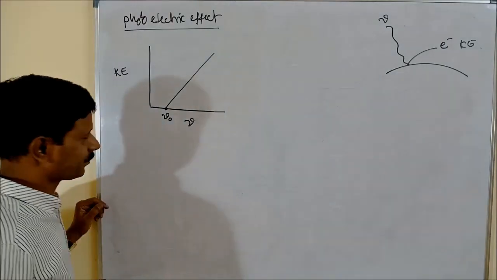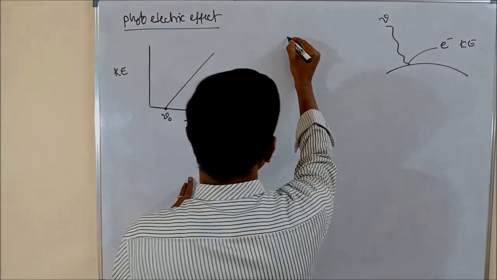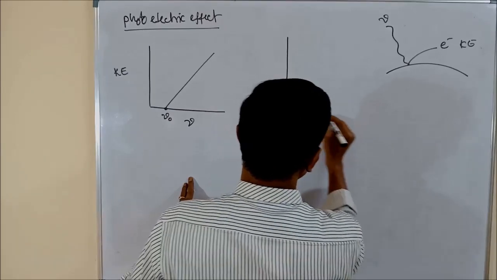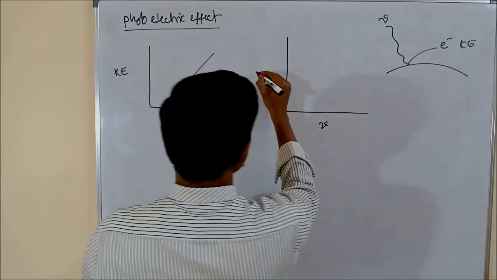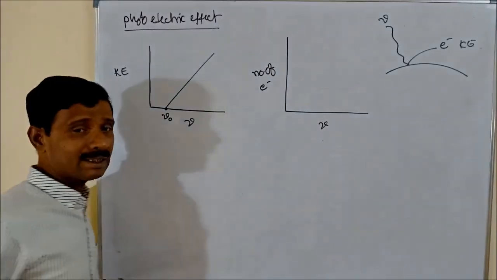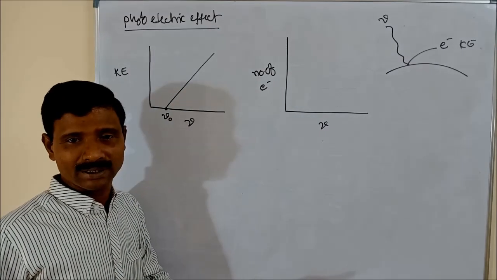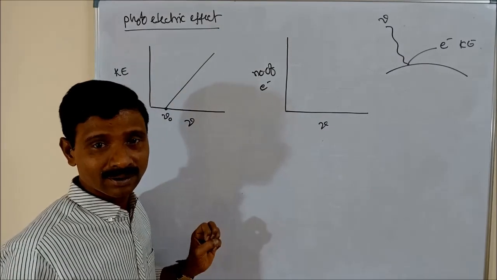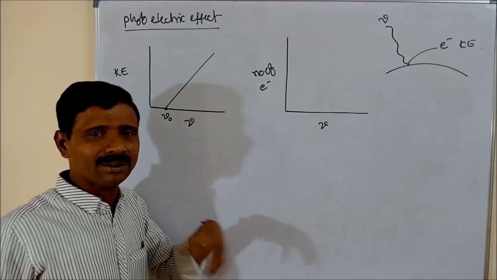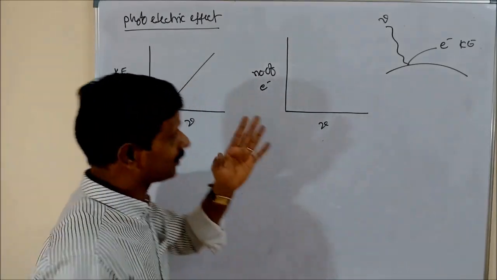And similarly, for example, number of electrons. So what about the relation between the number of electrons and the frequency? So this is the number of electrons. Just now as I said, we are increasing the frequency of the photon, not the number of photons. So even though we are increasing the frequency of the photon, the number of electrons ejected remains constant.